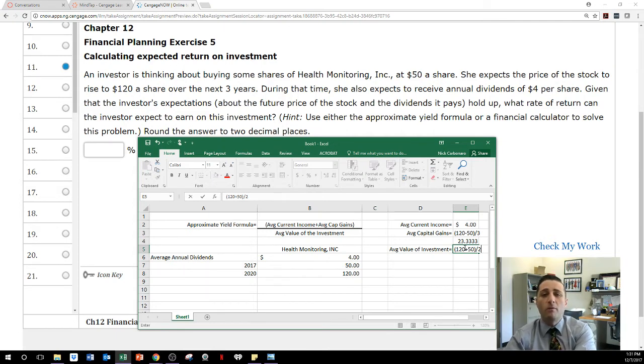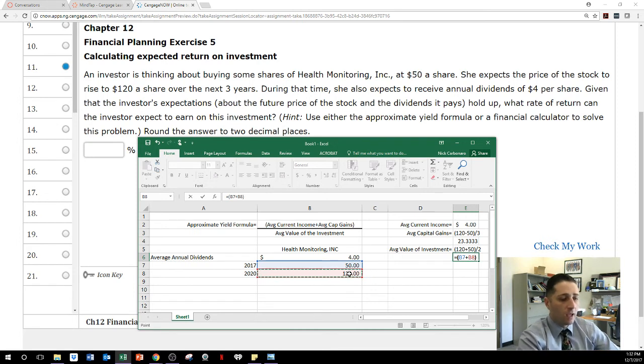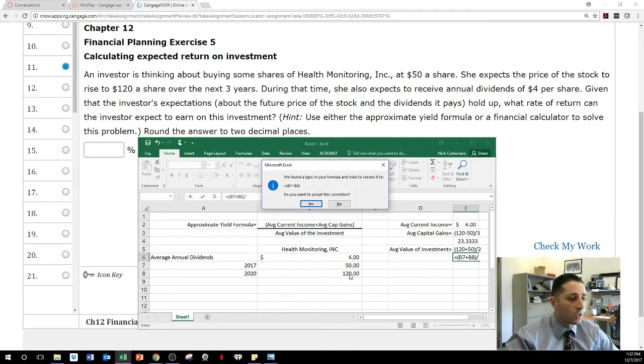The starting point of one investment, the ending point of the same investment, add those 2 up, divide by 2. So to find out what it is, we could go equals, and then we go 50, because that's the starting point, that's the ending point, and because there's 2 investments, divide by 2. Oh, I didn't put it on there. Sorry.